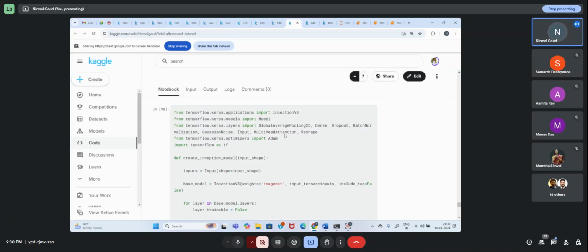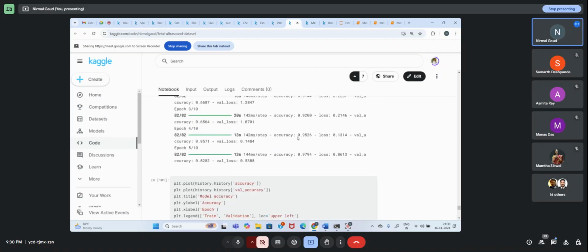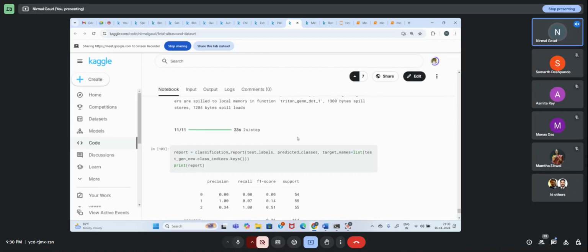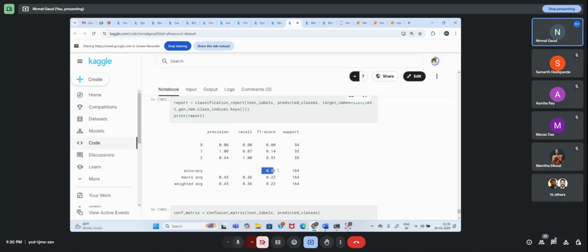And with Inception and attention, the score is like 36. We fail further. That means the model is struggling to classify. Actually, this data was not given to me as classified data. Different folders were not kept. I had only one folder and all the images are present in that folder only.